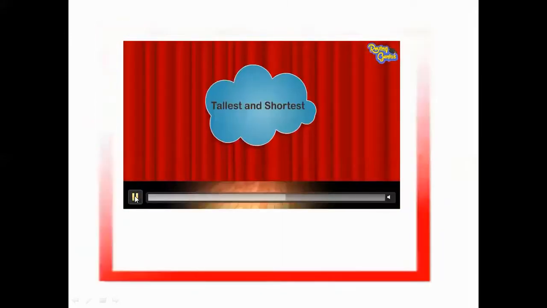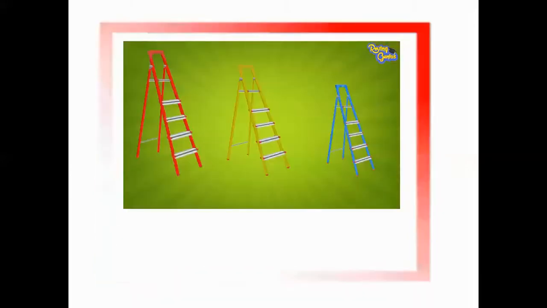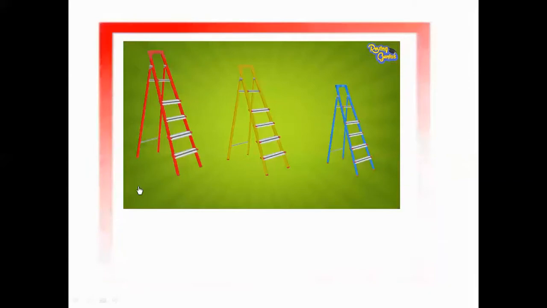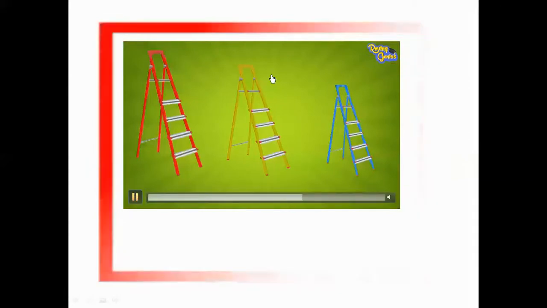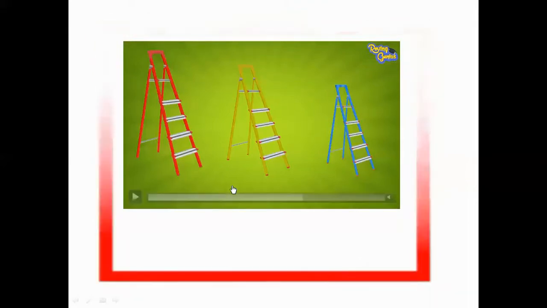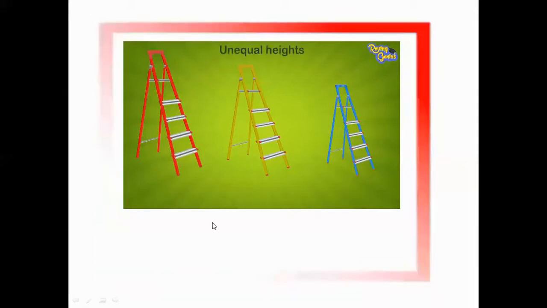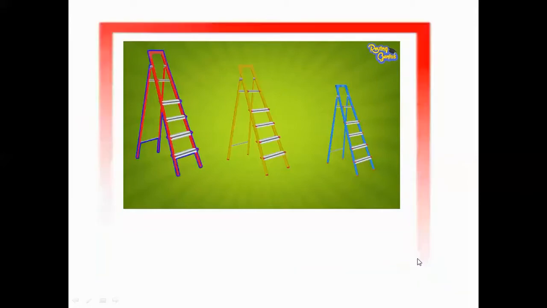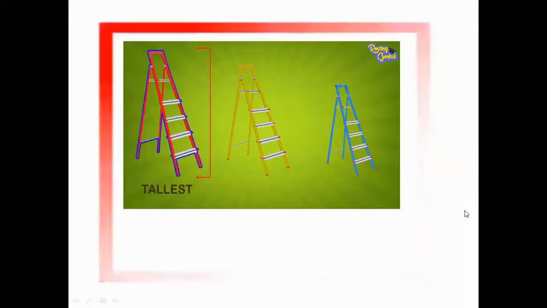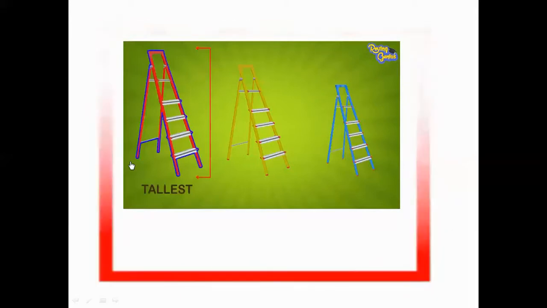So the cottage is shorter and the building is taller according to the height. Now let's learn about the shortest and tallest. What is the shortest and tallest? Do you know about the shortest and tallest? Now there are three pictures. Three pictures of ladders. The first one, the red one, is tallest, and the blue one is shortest among these three ladders.